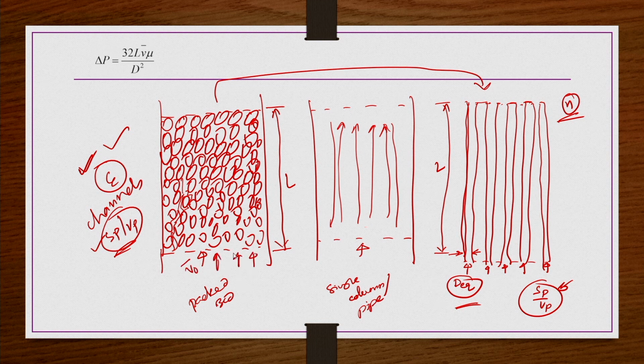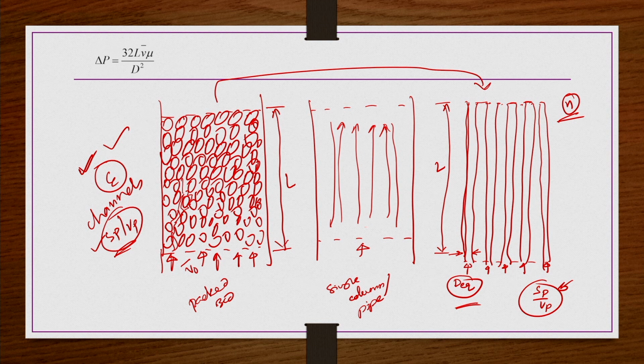Superficial velocity means the empty tower velocity. This column is the same column here, this second one, right. This packed bed column has certain dimensions, and the empty column has the same dimensions. Then whatever the velocity is through the empty column under the same constant pressure drop as in the packed bed, that is known as the superficial velocity, or simply the empty tower velocity when there is no packing, right.